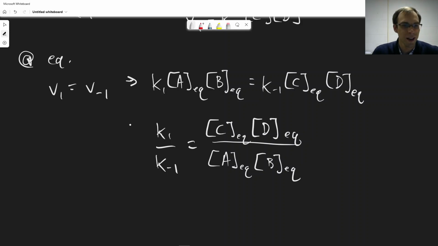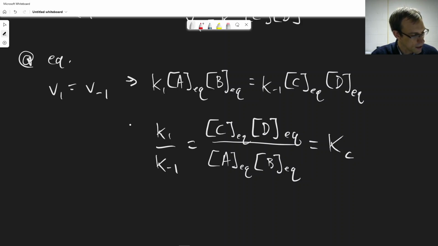And what you may recognize is that what we have on the right here, products over reactants, is an equilibrium constant. So this is equal to Kc. This gives us a way to relate our equilibrium constant to the rates of our elementary steps happening in the reaction. This is something we've seen previously, but it is a useful tool.